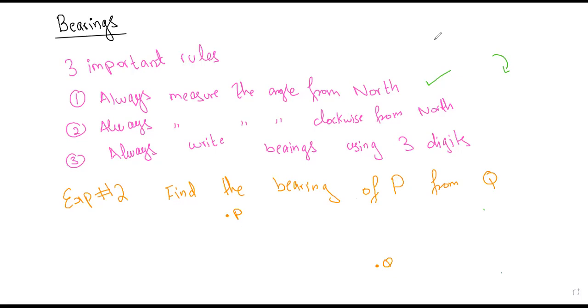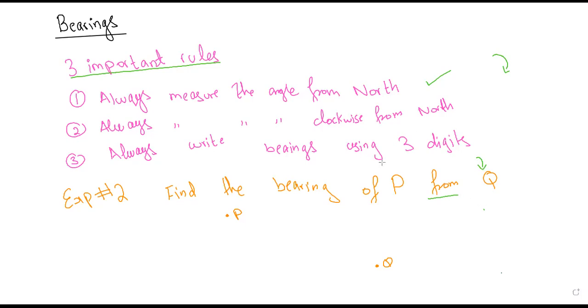Okay. Now, these are the 3 important rules. They are not the steps, okay? These are 3 things which you need to keep in account while finding the bearings, okay? Step 1 is to see what point you have after the word from. This is the word from, and this is the point that is coming after from.